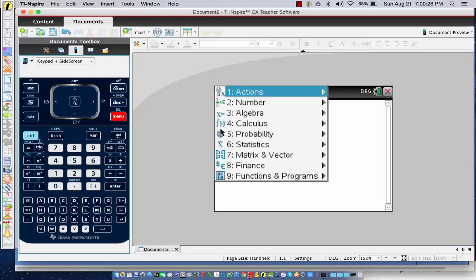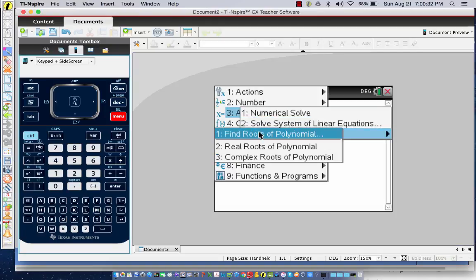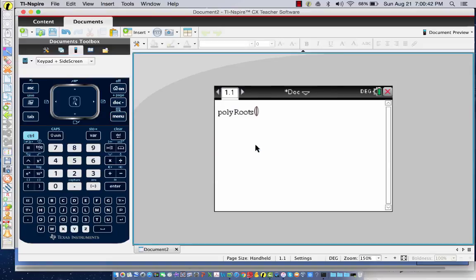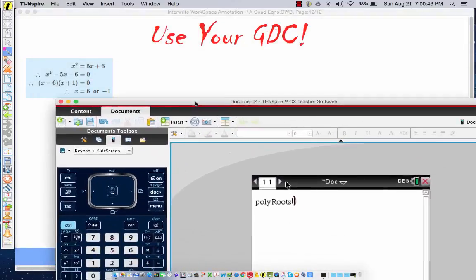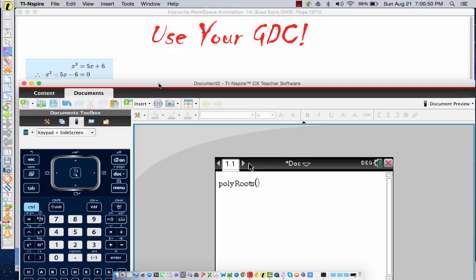Menu, algebra, polynomial tools, and I want to find the real roots. We're in the real number system, not the complex number system, so we're always going to choose real roots of a polynomial. Polyroots. And we're going to solve this one, x squared minus 5x equals 6.